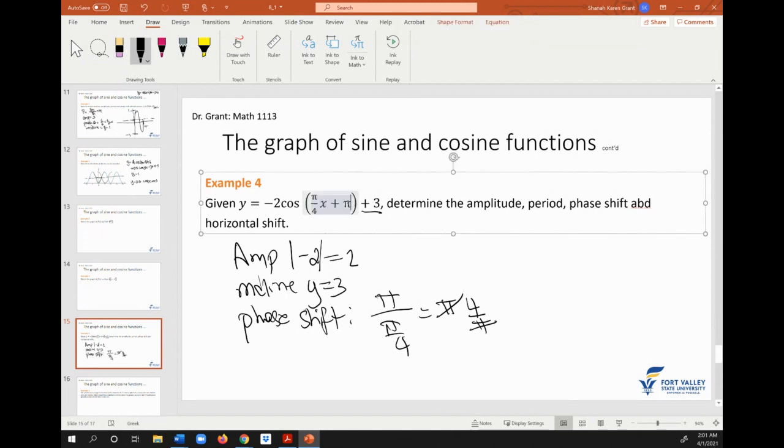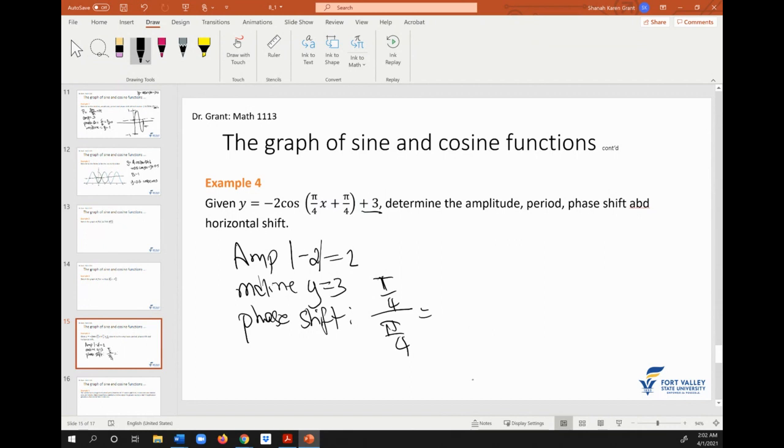Let's make this pi over 4 instead. Okay. It's really pi over 4. Pi over 4. And so if you divide it by itself, you get 1 for my phase shift. And then our period, let's see what that's going to be.